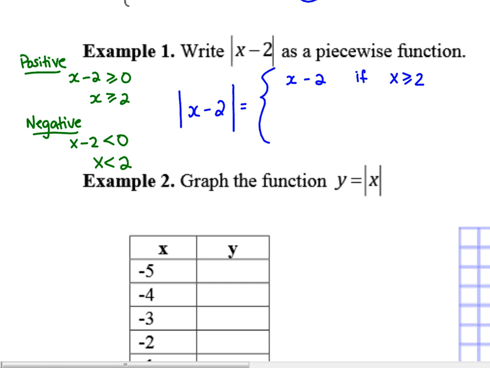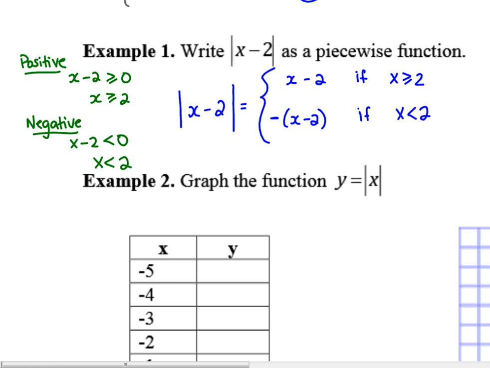Do you see how these lessons are like, you don't want to miss this class? There's a lot coming at you. The negative case. How do we make a negative into a positive? Multiply by -1. So we would take the x minus 2 if it's a negative number and multiply by a negative, if x is less than 2.